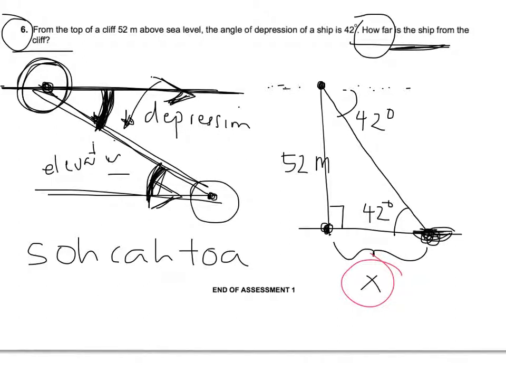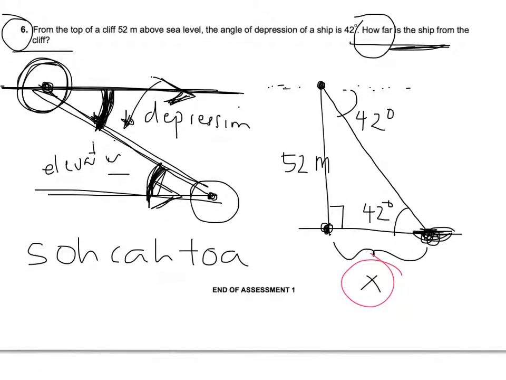In the first place, how do we know the opposite, the hypotenuse, and the adjacent?